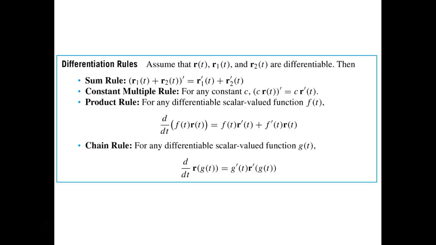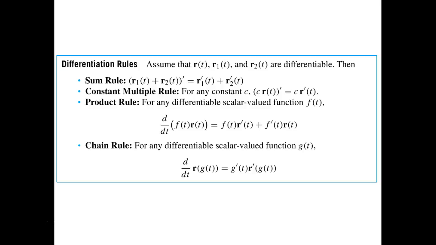The constant multiple rule, for any constant c multiplied by any function, r of t, say, then the derivative of a constant times a vector value function is that constant times the derivative of the vector value function. Basically, the scalar constant rule, you might say.